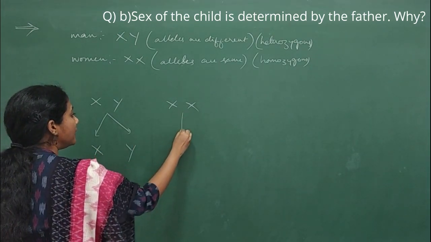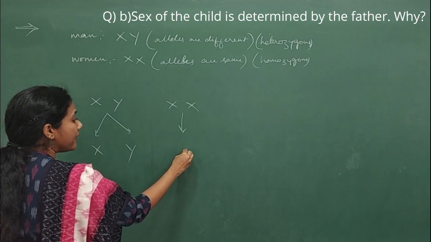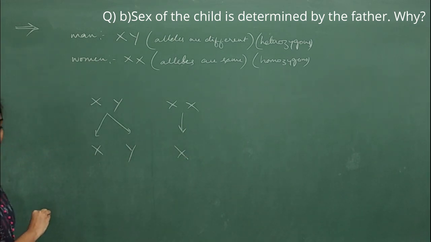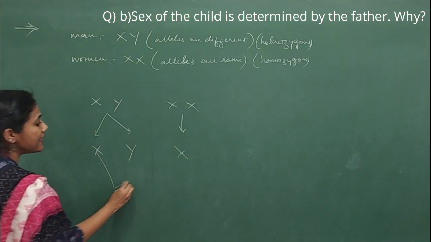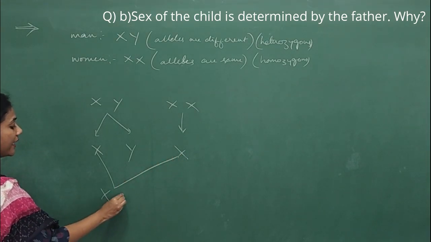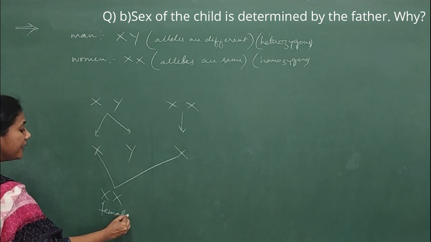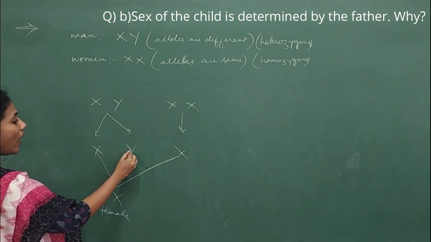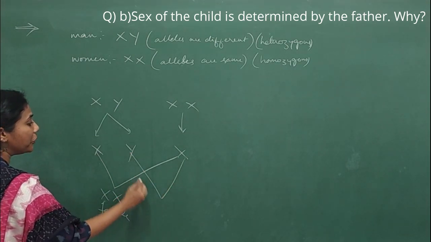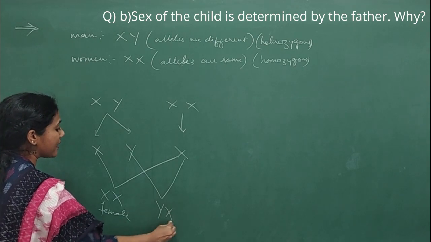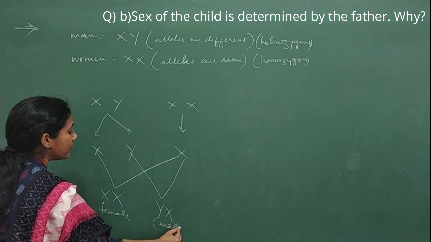But in case of mother, whatever may be the gamete, it would have only X. Isn't it? So when X and X combine, you will get XX, that is a female, right?